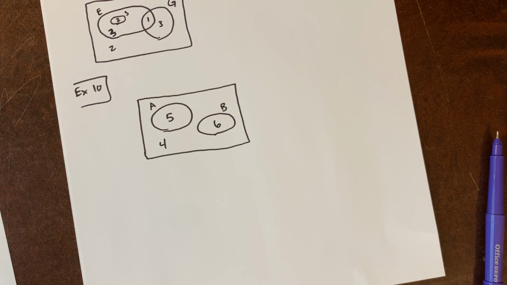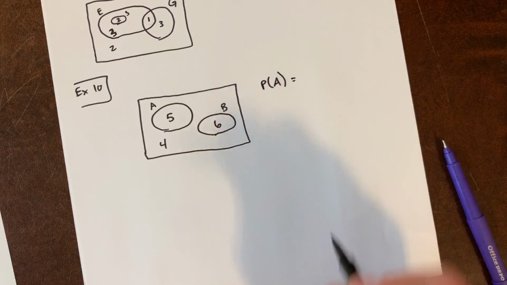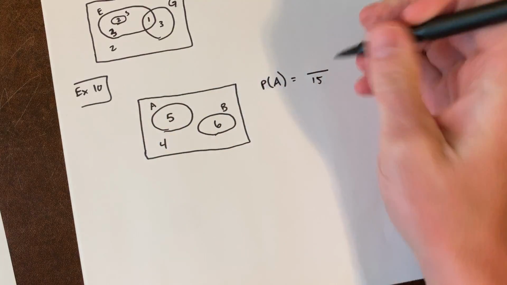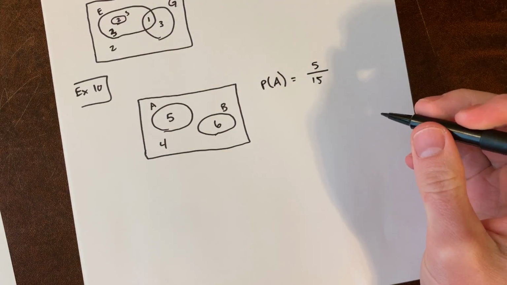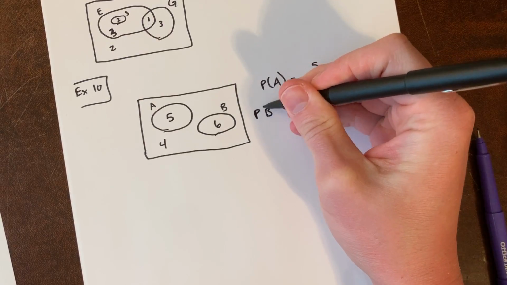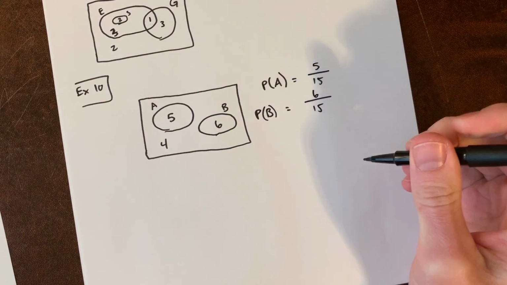All right, and we want to find the probabilities of A, B, and then the intersection of A and B. So the probability of A, there are 15 total students. The probability of A would be 5 out of 15. There's 5 students in set A. The probability of B, still 15 total students, would be 6 out of 15.